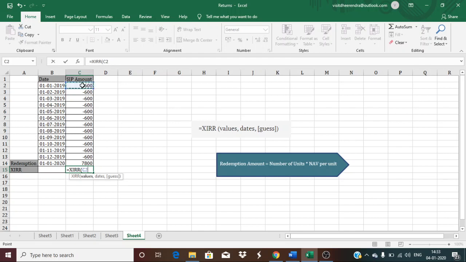So from C2 till C13, these are the SIP investments or cash outflows, and C14 is the cash inflow, the redemption amount. I will consider all those cash flows. Then I put a comma.